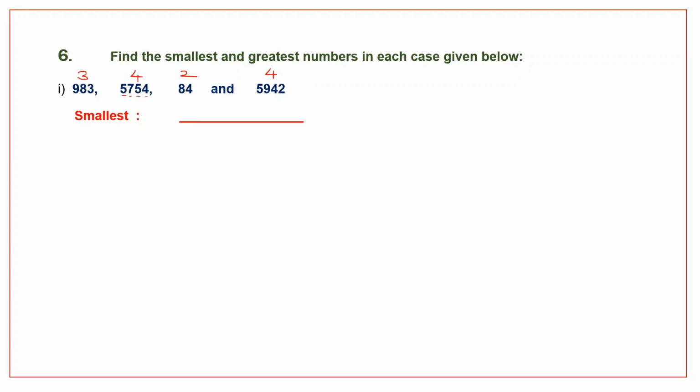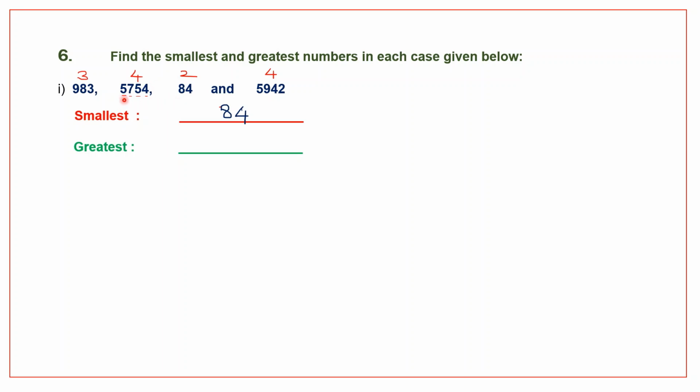So the smallest number here is 84. So let's write down 84 as our smallest number. Now, which is the greatest number? The greatest number will be the one with the more number of digits, so that is 4. But look at the numbers here. We have two numbers that have 4 digits each. So if the number of digits is the same, then we have to look at the digit on the extreme left.